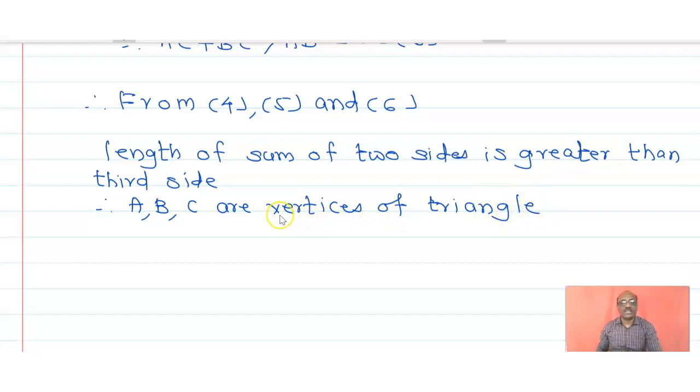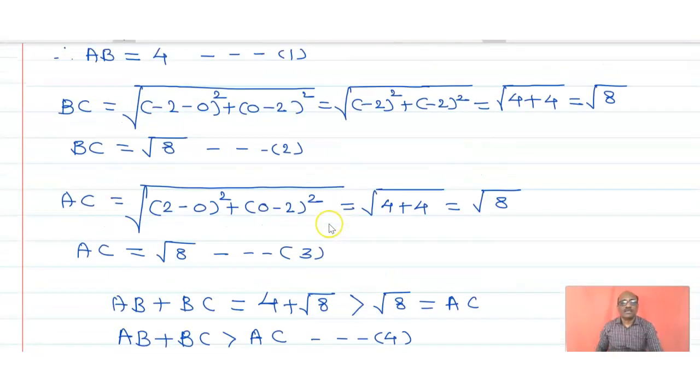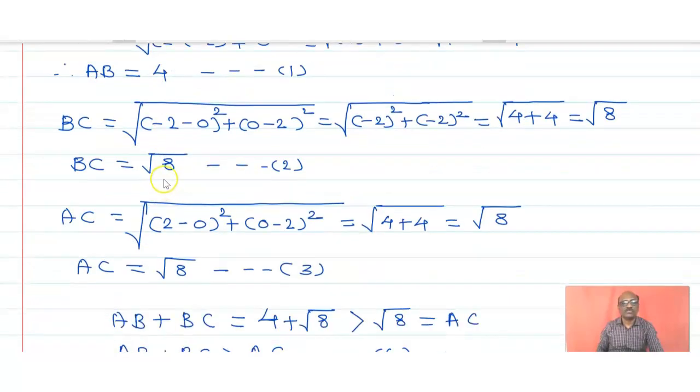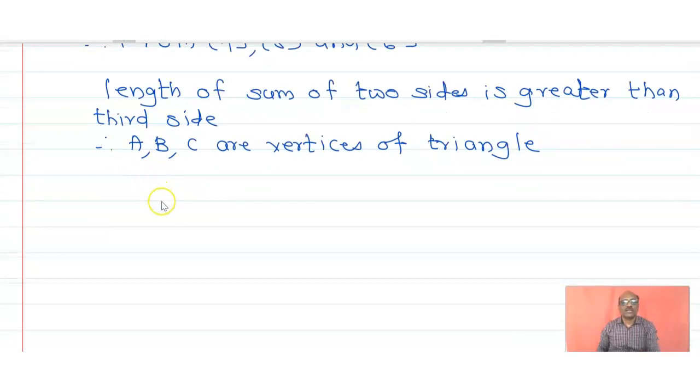Now what type of triangle is this? Okay, here we have AB is equal to 4, BC is equal to root 8, and AC is equal to root 8. Here BC is equal to AC and that is equal to root 8.